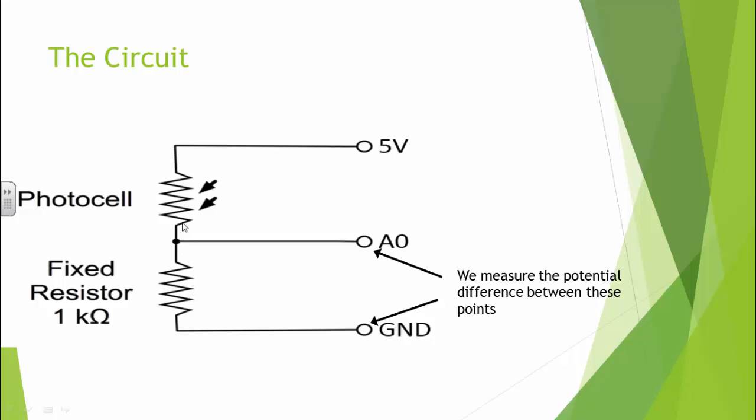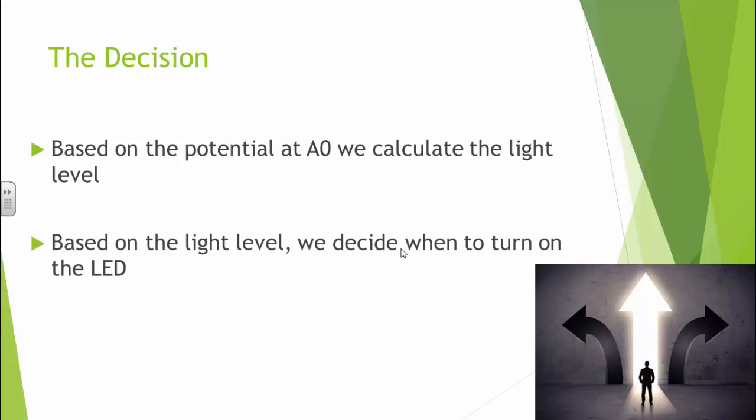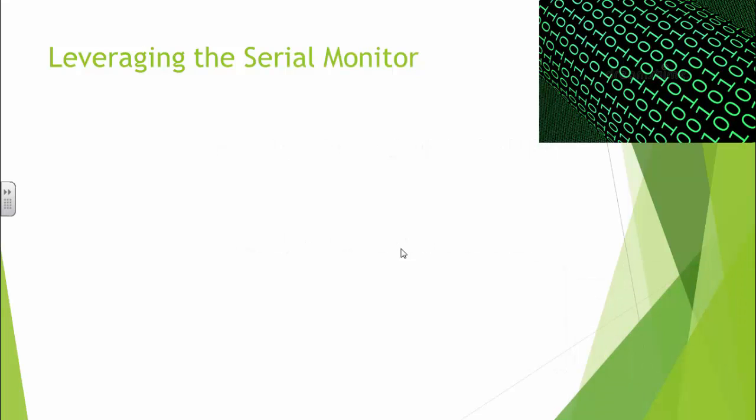So high resistance here, we measure a low potential at A0. Low resistance here, we see something close to 5 volts. Okay, so once we have that potential measured at A0, we can calculate the light level and decide when to turn on our LED to implement our night light.